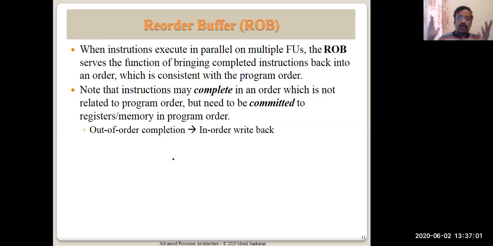Now that is gone. I can write into ROB temporarily so that the functional unit is freed up to take the next instruction. See, everything we do here is to make sure the functional units execute as many instructions as possible. We want to use this hardware effectively, efficiently.